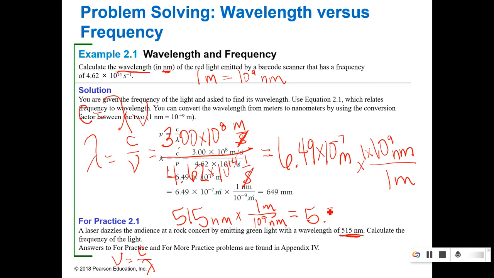And I get 5.15 times 10 to the -7 meters. So I get 3 times 10 to the 8 meters per second over 5.15 times 10 to the negative 7 meters. And again, make sure you're using that E button. And I get 5.83 times 10 to the 14.